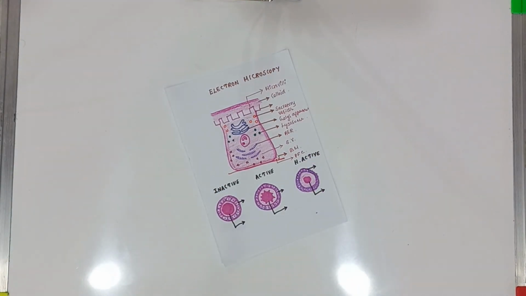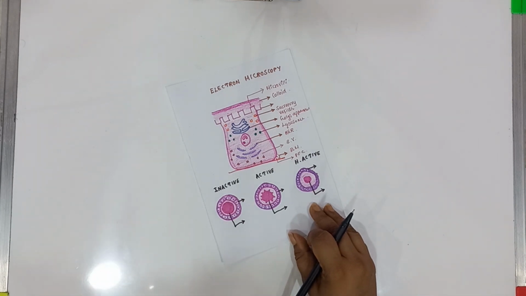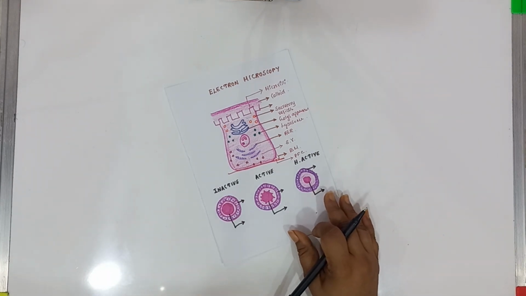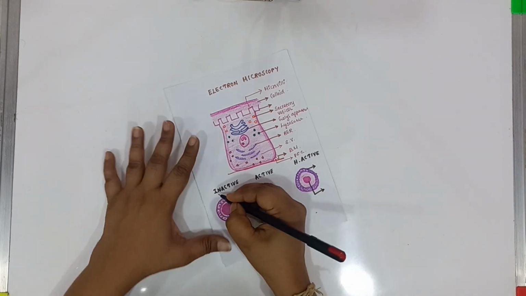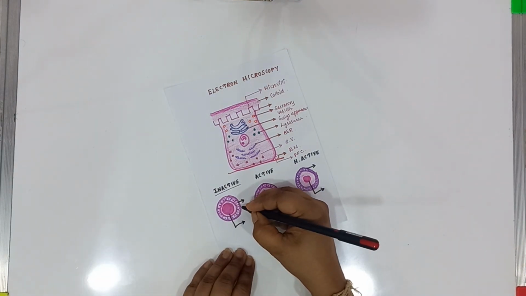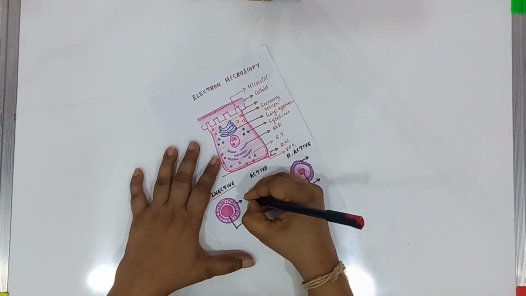So the thyroid gland activity depends upon the cells; the cells change their shape according to the activity of the thyroid gland. Initially, when the thyroid gland is inactive, you can see the cells are only squamous, or the flattened type of cells.